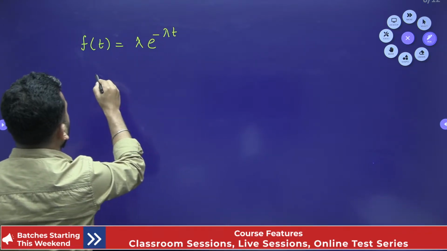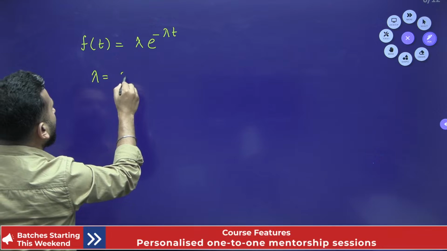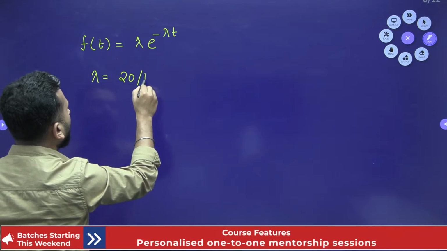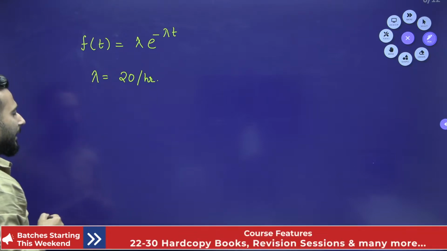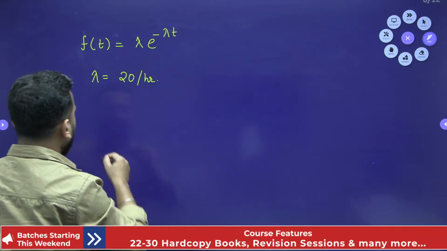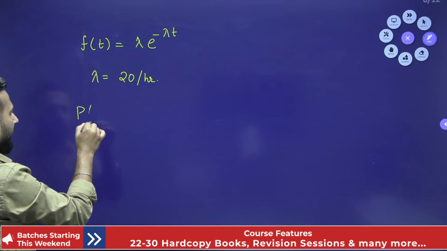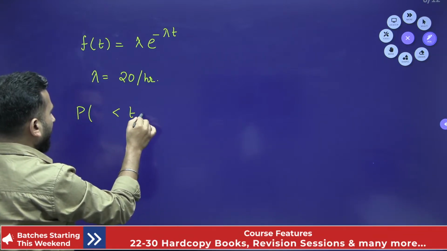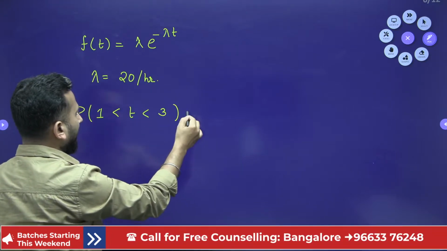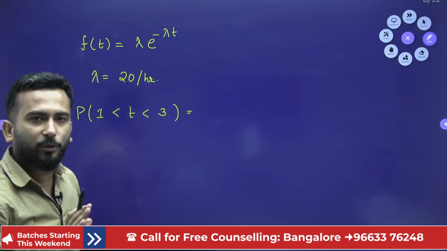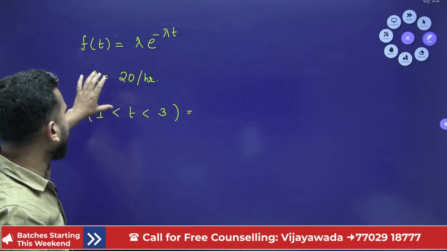So say lambda is given as 20 per hour, and he is asking something related to time, that the time is between 1 to 3 minutes. I'm not framing a real question, I'm just giving you an example.